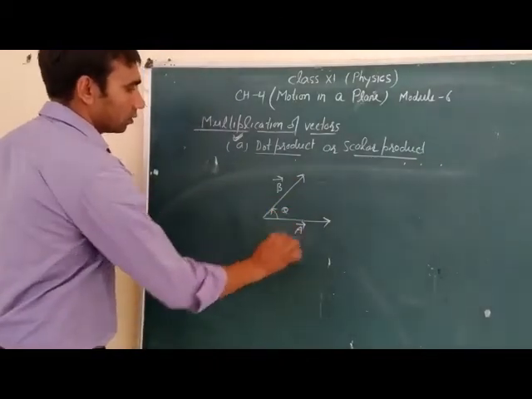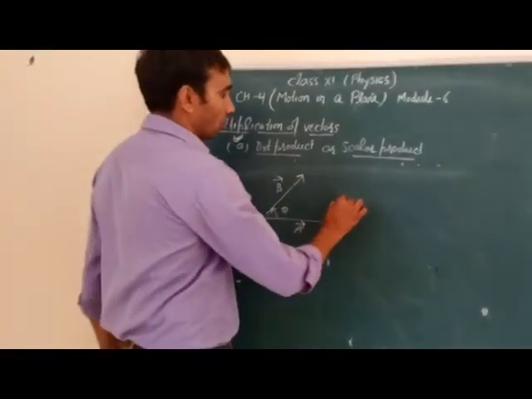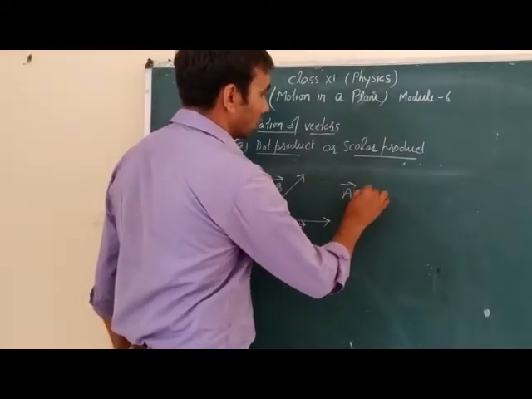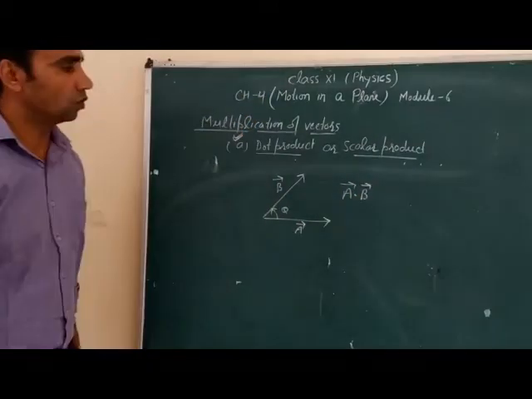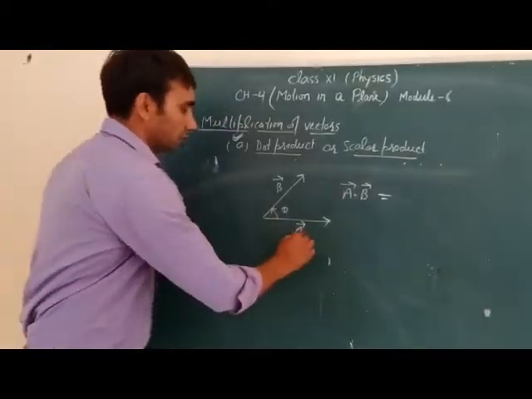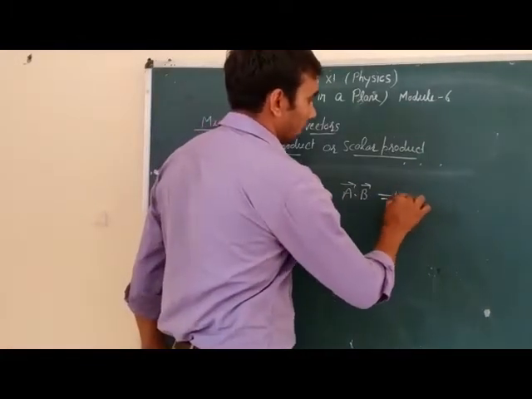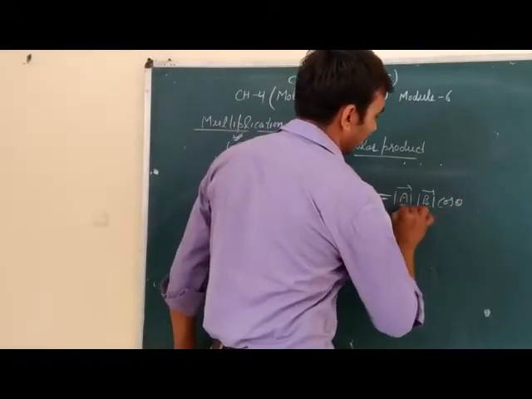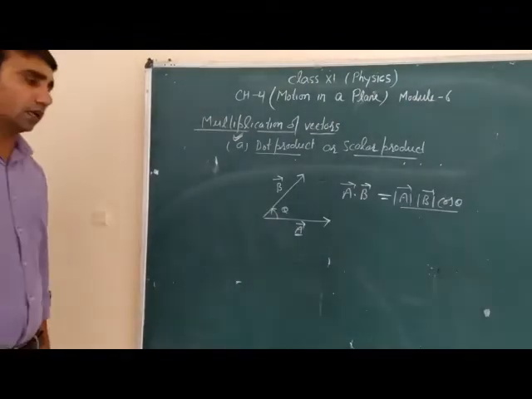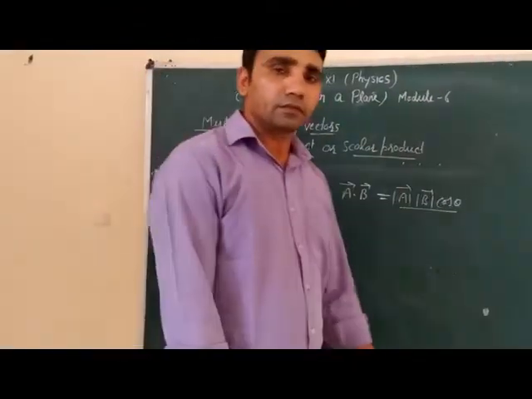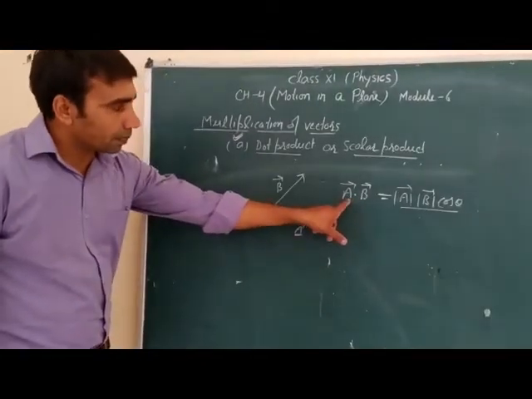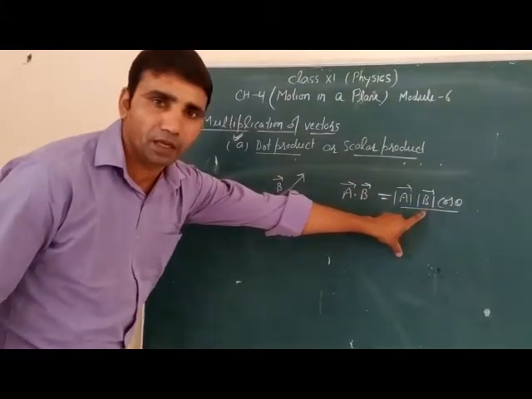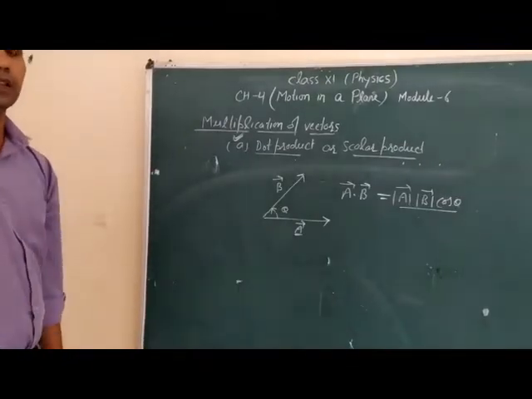Now the dot product of vectors A and B, A dot B, is equal to the magnitude of vector A, times the magnitude of vector B, times the cosine of the smaller angle between them.